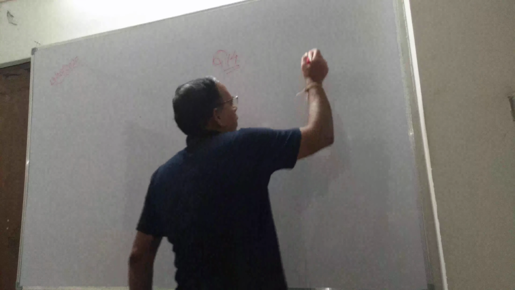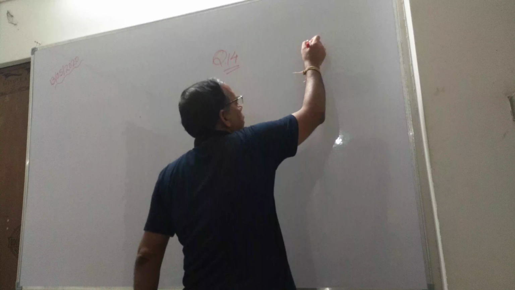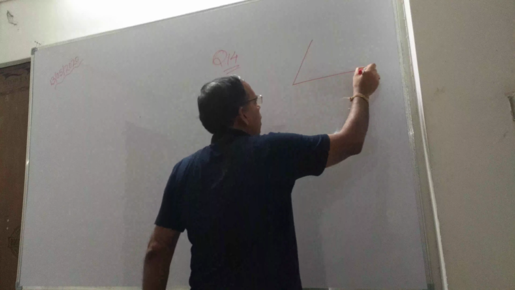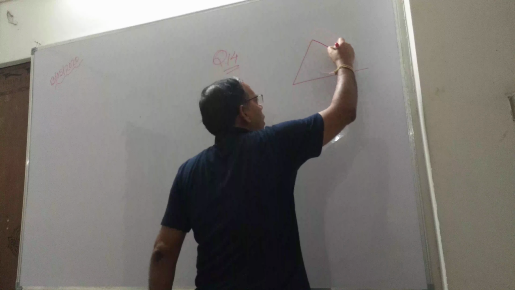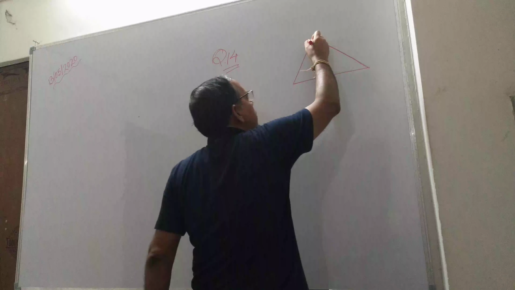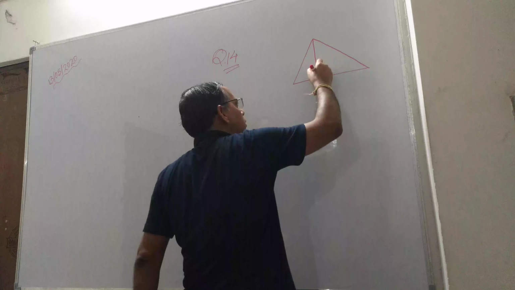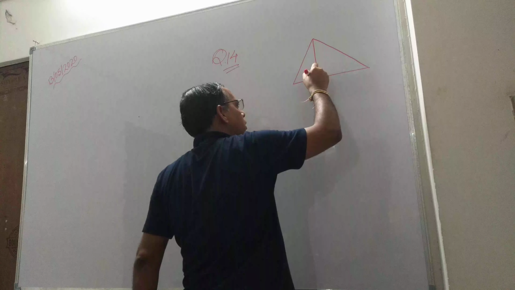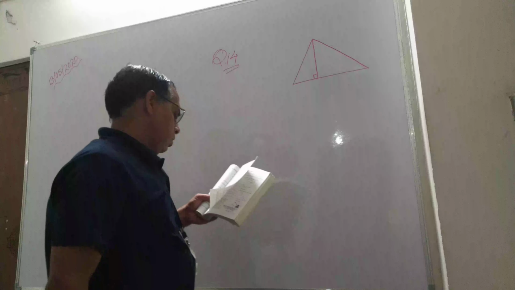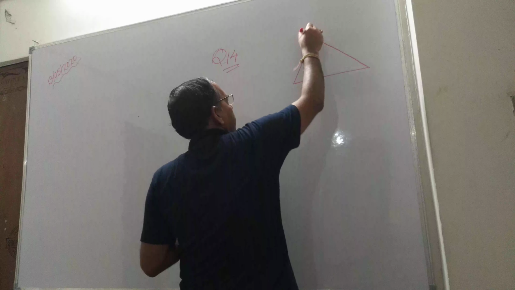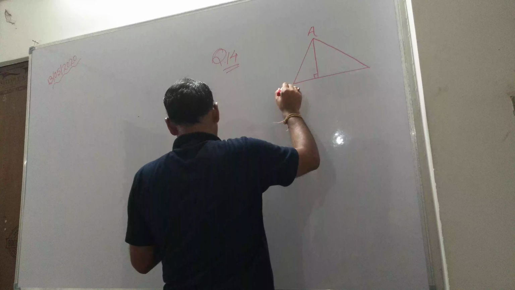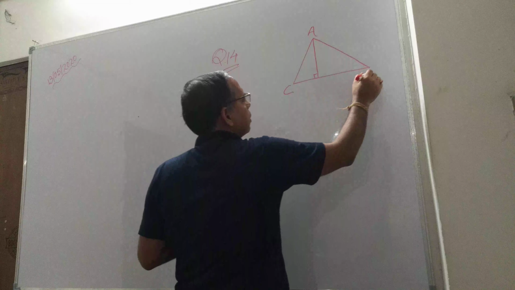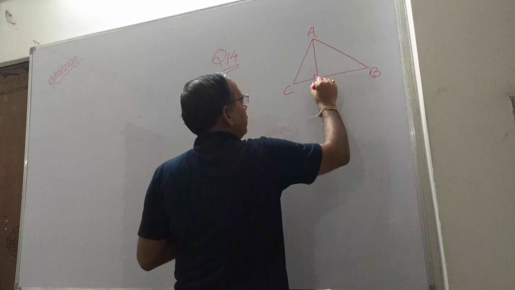So the diagram is already given. So this is A, this is C, B and D.